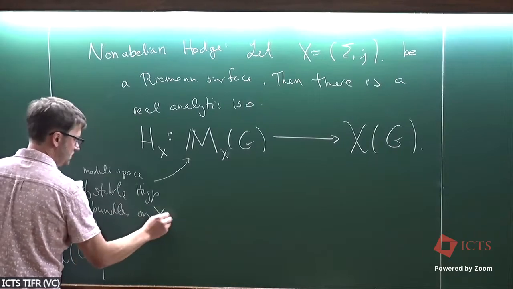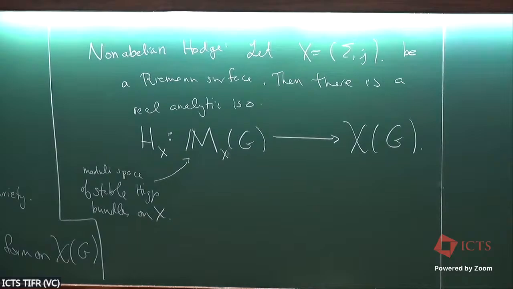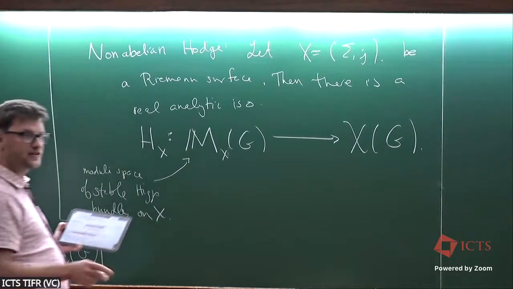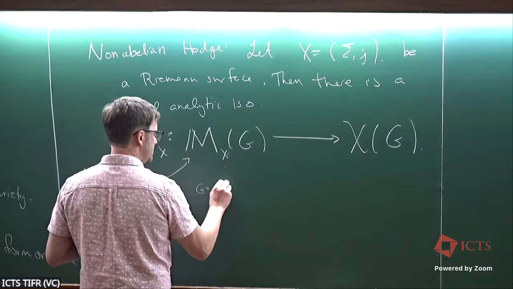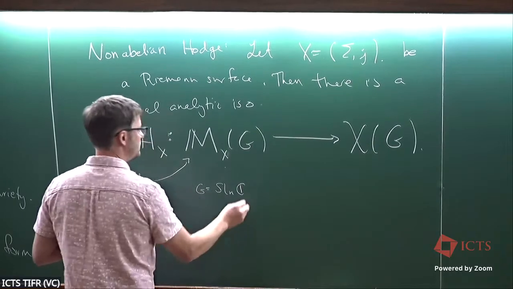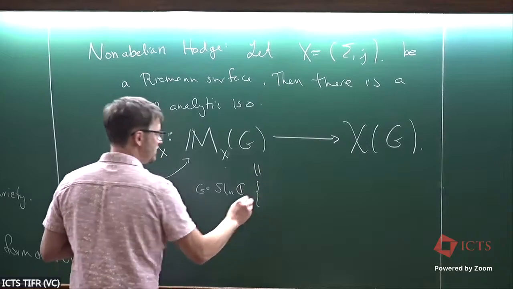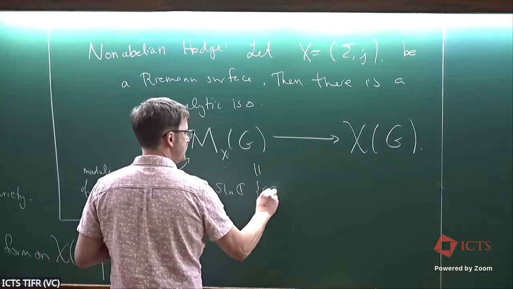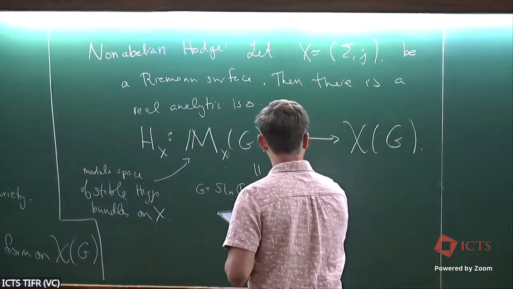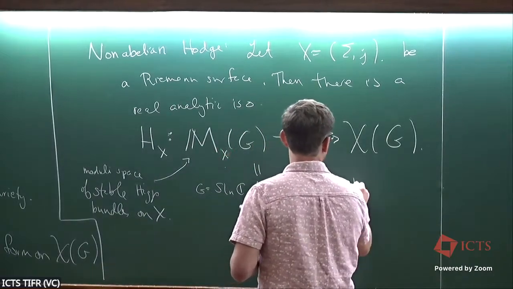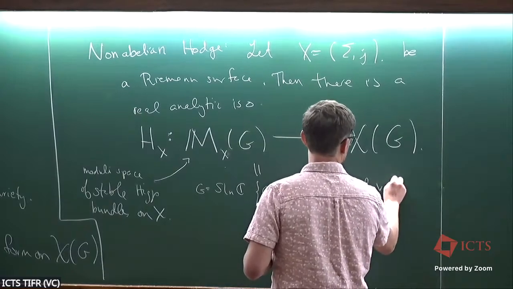On my Riemann surface. Okay, so just to give you a feeling for what the objects are, let's set G to be SL(N, C) so I can work with vector bundles. The objects here are pairs (E, φ), where just like in Rui's talk, E is a holomorphic vector bundle.